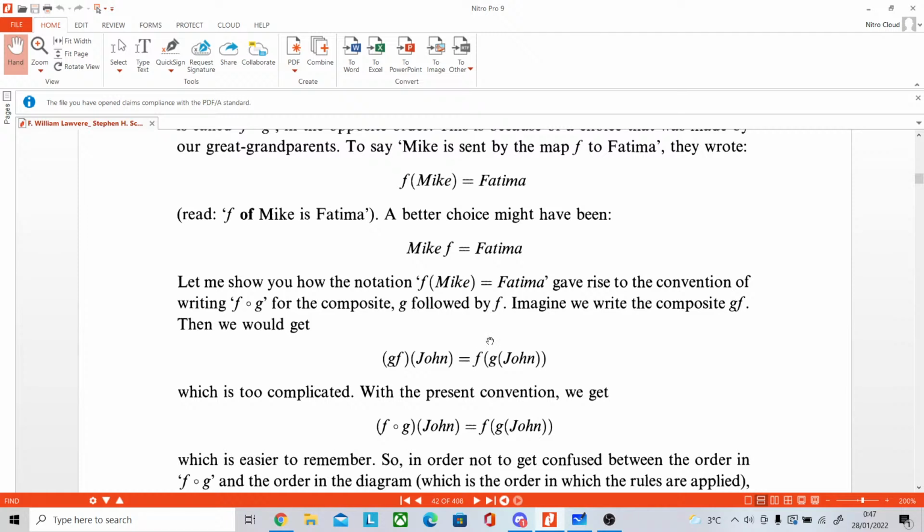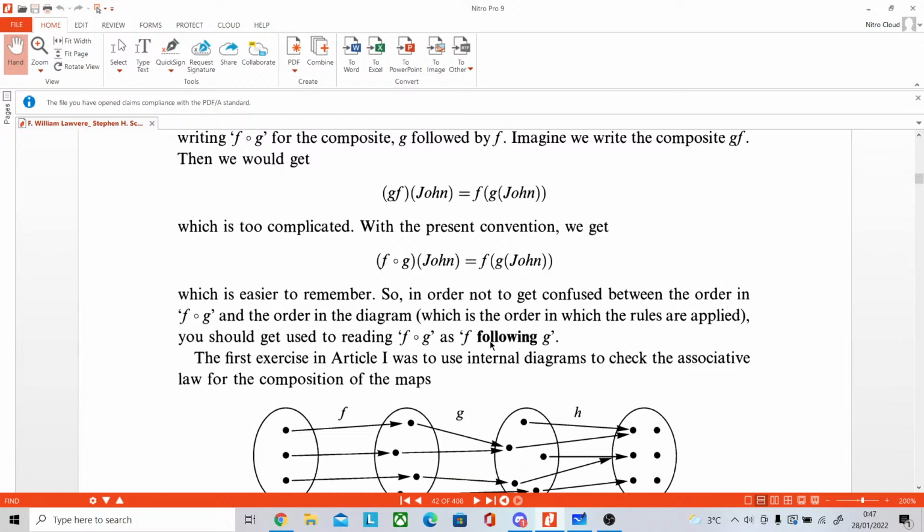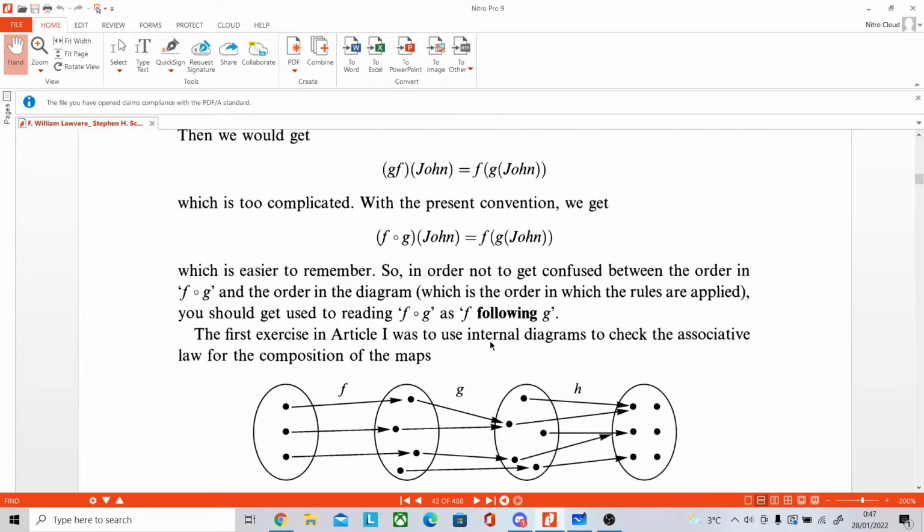And I think this is just basic stuff. It's just explaining the notation, which I'm sure everyone is already familiar with.